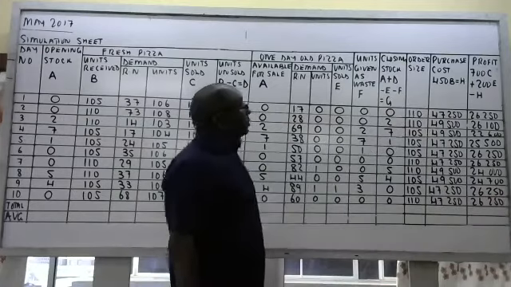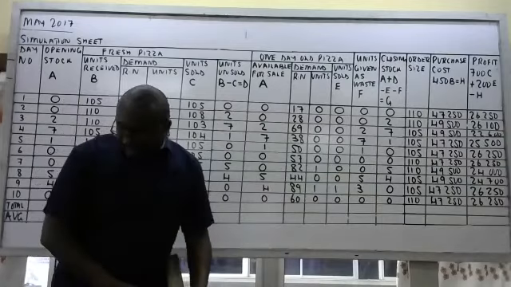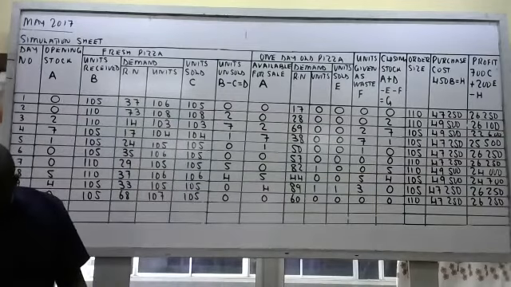So that is all. So add his profit zote. Add all those profits.